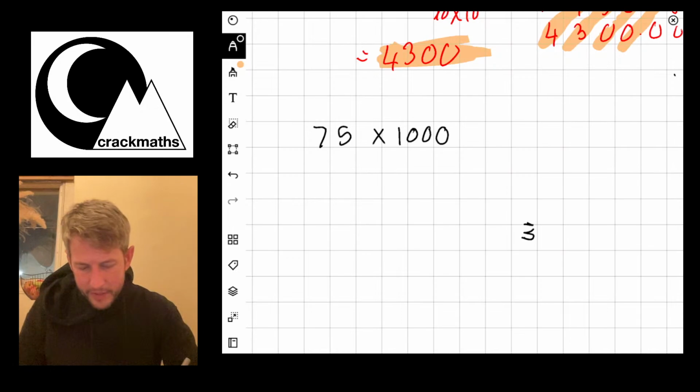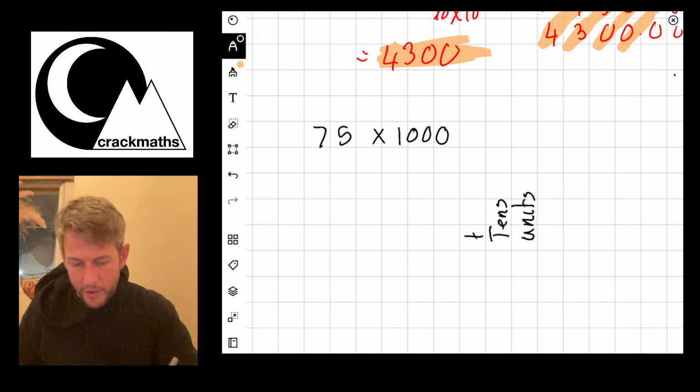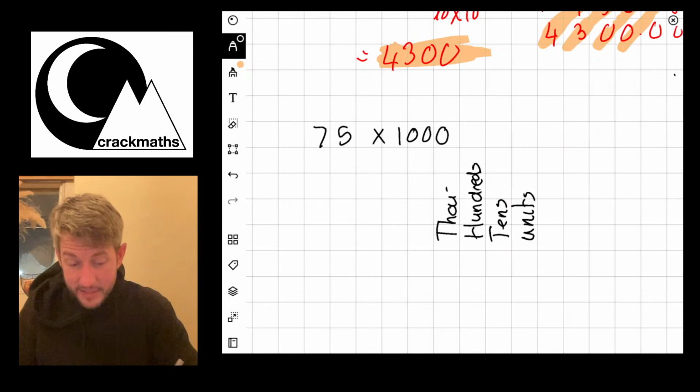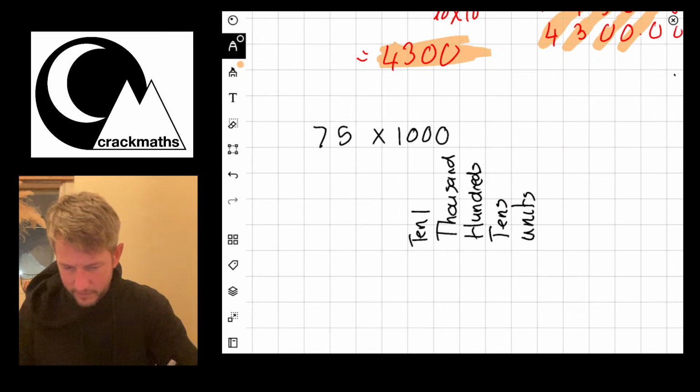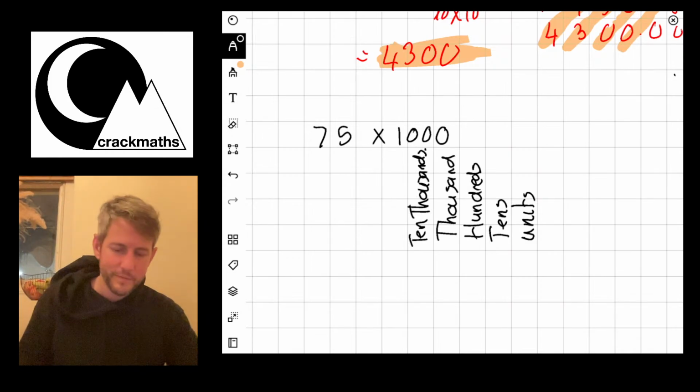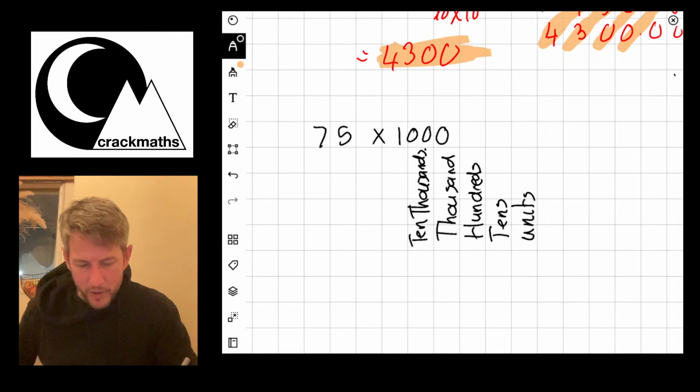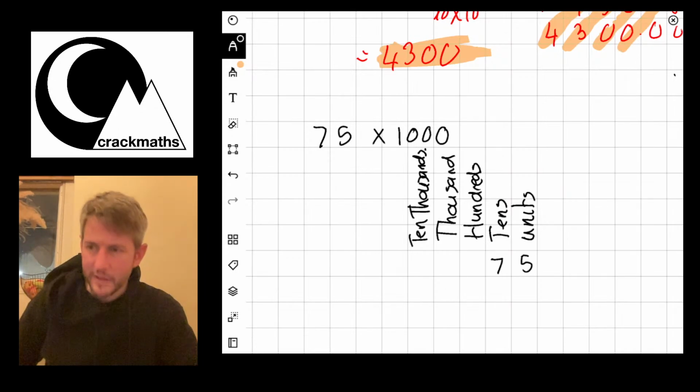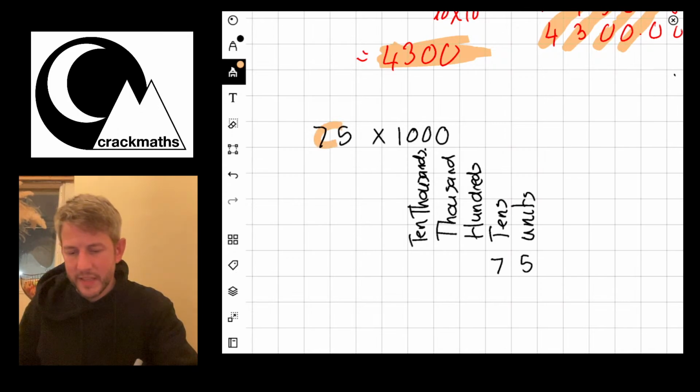So I've got units, tens, hundreds, and thousands. Actually, I need to go to 10,000s here. Okay, and what I'm going to do is put 7 here and 5 here. So remember, that's my starting number, my 75.